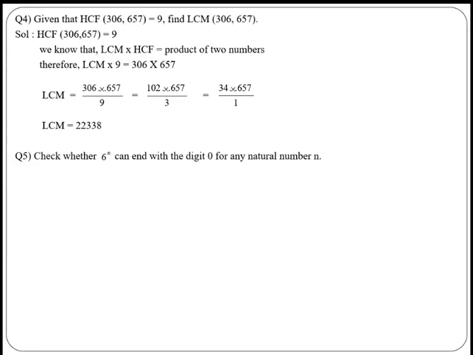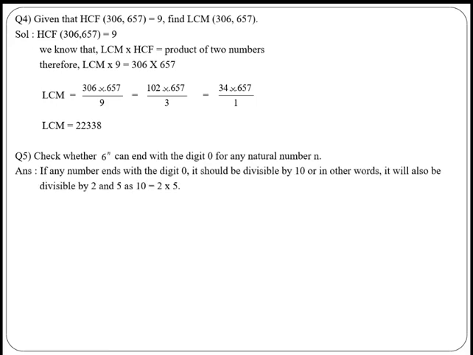Now question number 5. Check whether 6 to the power n can end up with the digit 0 for any natural number n. So we know that if any number ends with the digit 0, it should be divisible by 10, or in other words, it will also be divisible by 2 and 5, as 10 is equal to 2 into 5.